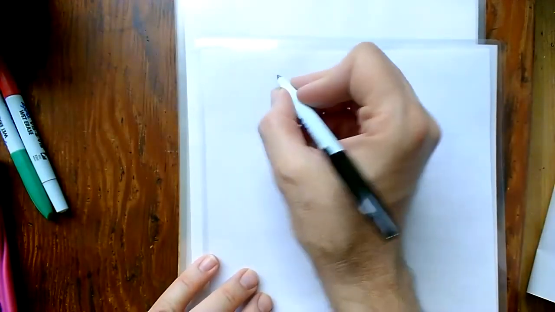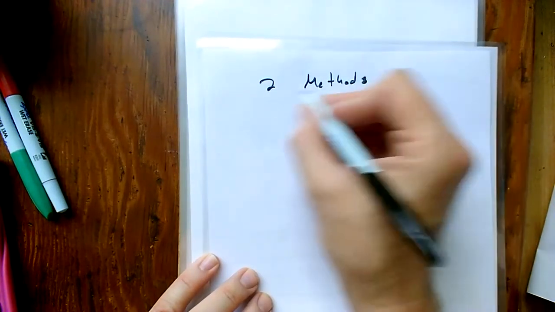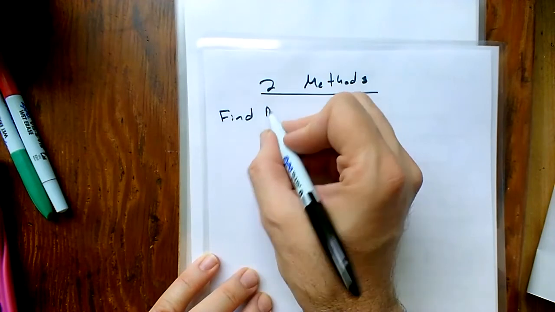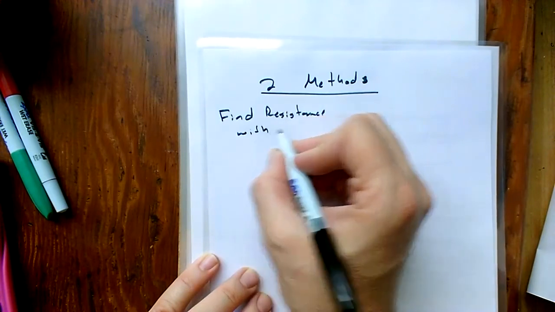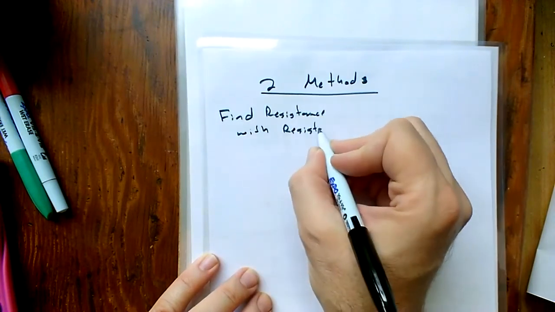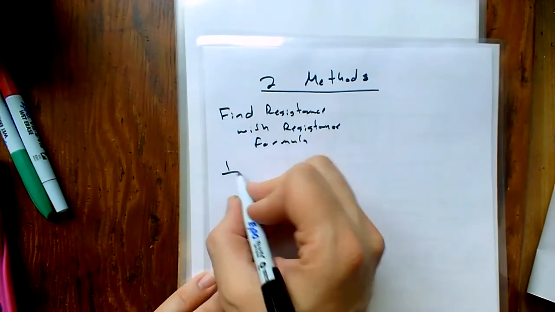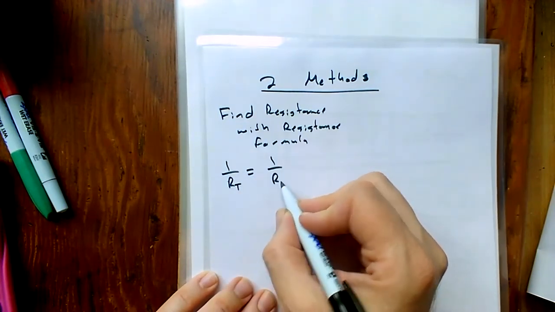We can either find the resistance with our resistance formula, which was that the reciprocal of the total resistance is equal to the sum of the reciprocals of the individual resistors.